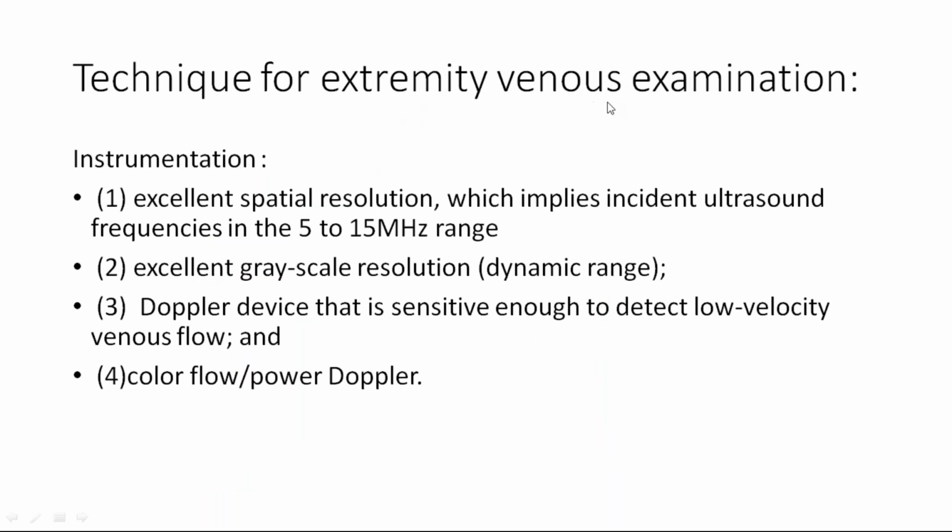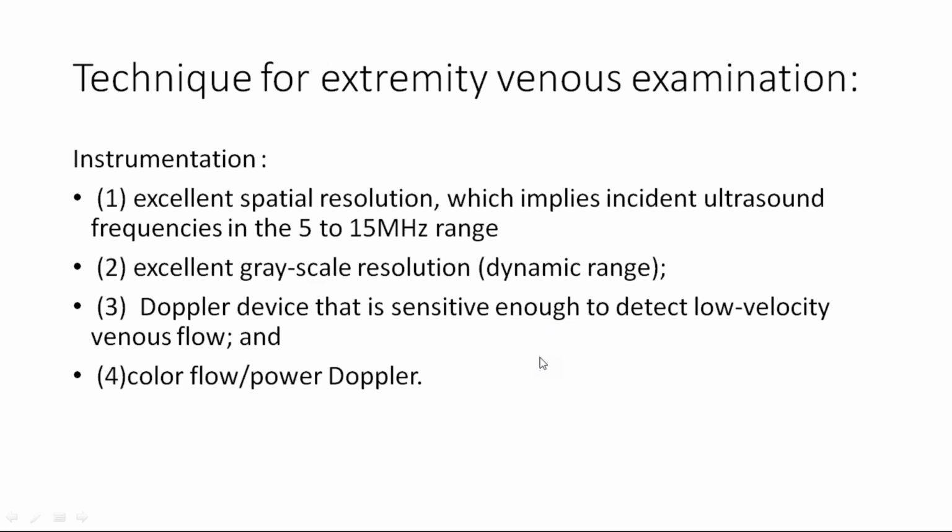The technique for venous examination through ultrasound requires instrumentation like ultrasound frequencies between 5 to 15 megahertz, excellent grayscale resolution for imaging, and a Doppler device that is sensitive enough to detect low velocity venous flows.